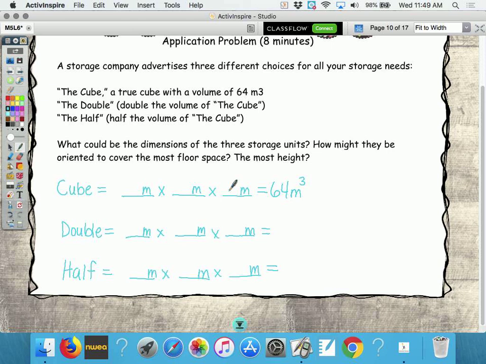Go over somewhere on your paper and write down 3 times 3 times 3. Don't tell me answers. Everyone needs a chance to do this. And if that doesn't work, write down 4 times 4 times 4. And if that doesn't work, keep going until you find one that equals 64.